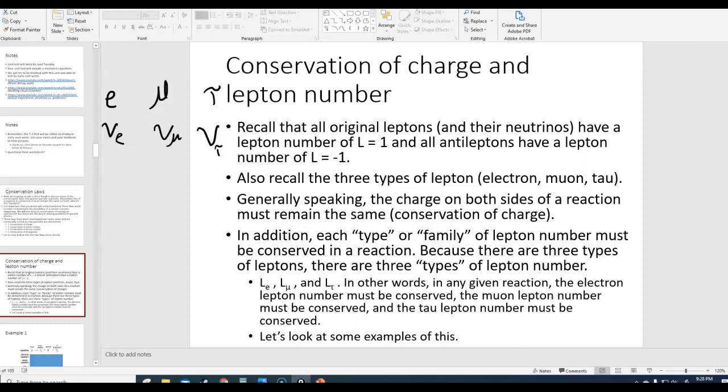We'll do some examples so you can see exactly what I mean. A lot of the problems in this unit that have to do with conservation basically come down to assessing whether or not a reaction is feasible by seeing whether it violates any conservation laws. If it does not violate any conservation laws, then it's a possible reaction.